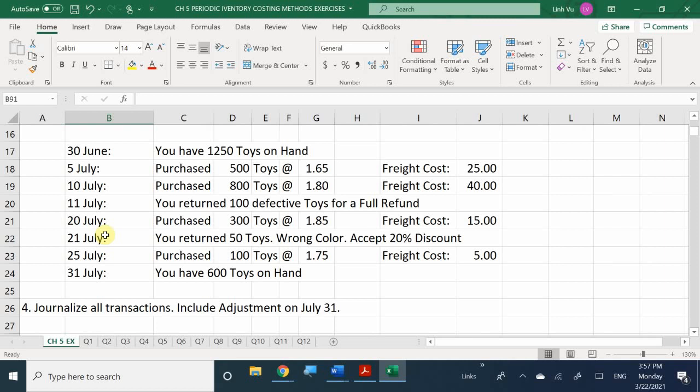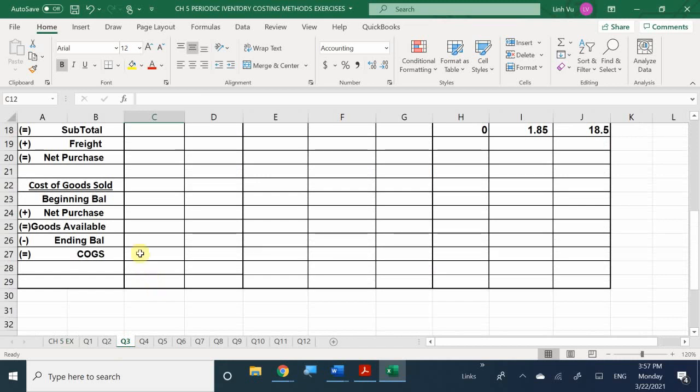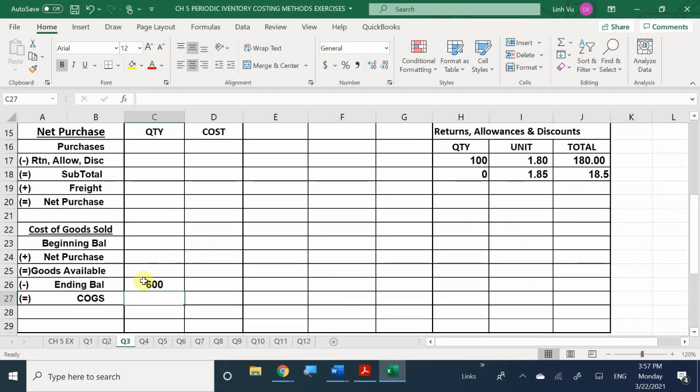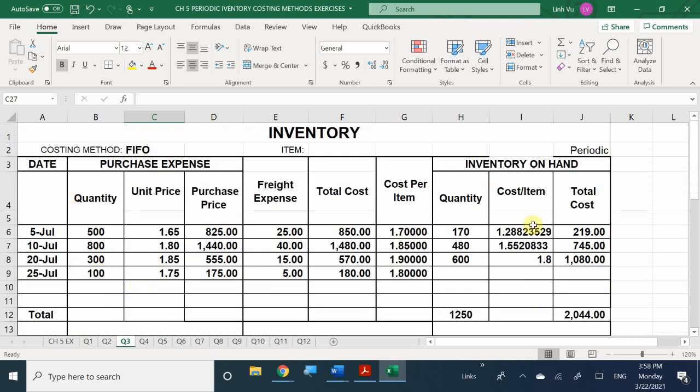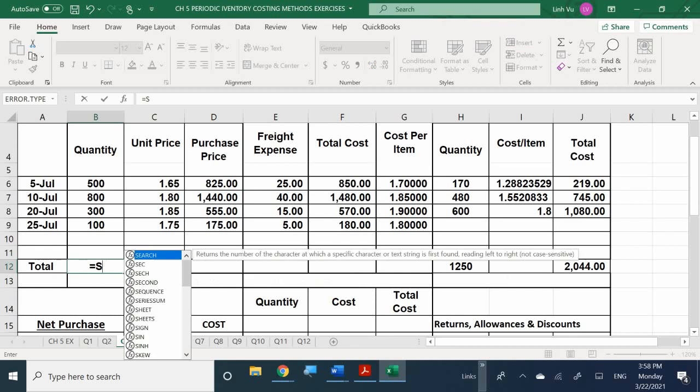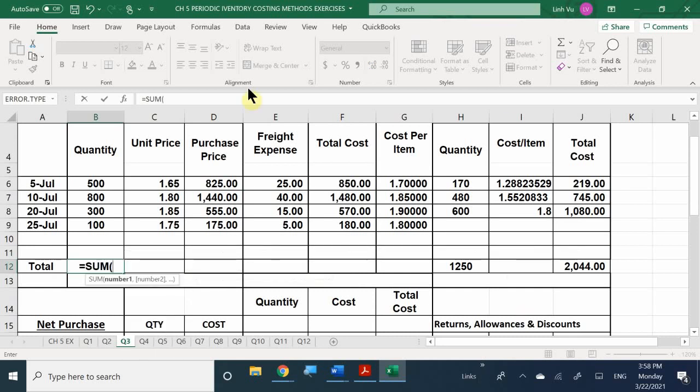You have 600 toys on hand. 600 toys on hand. So I'm going to bring it down to the bottom and say I have 600 items left. Okay, 600 items. All right, so let's go ahead and calculate our totals up here. So let's solve for how many items we made a grand purchase of. 1,700.